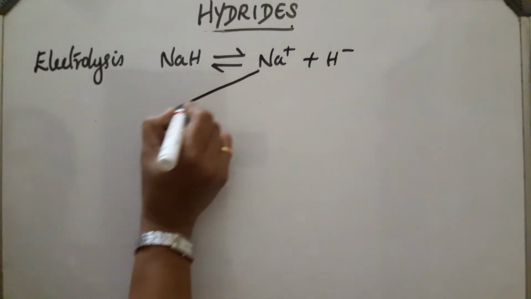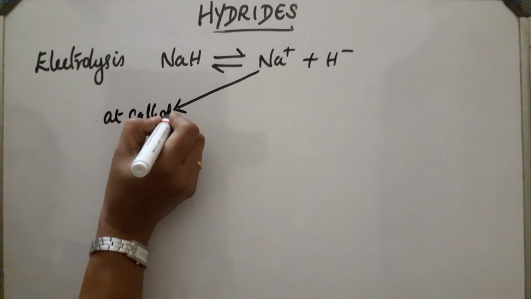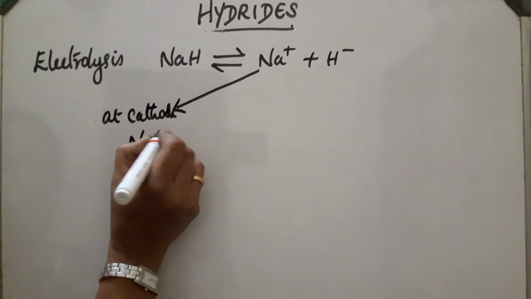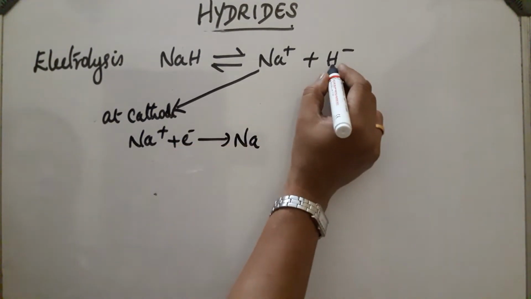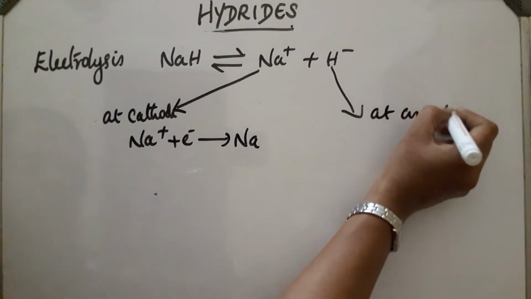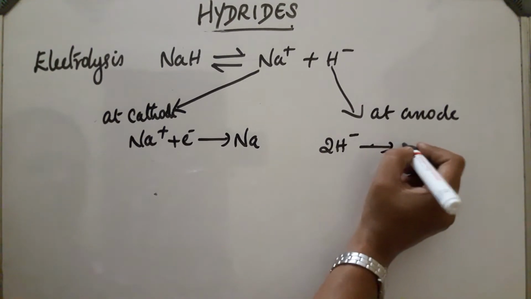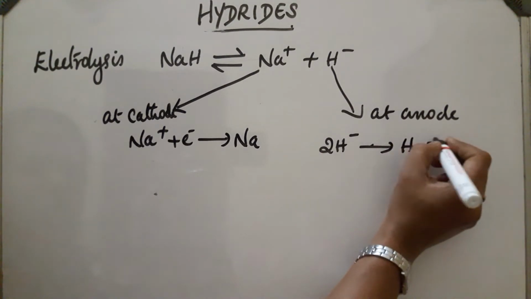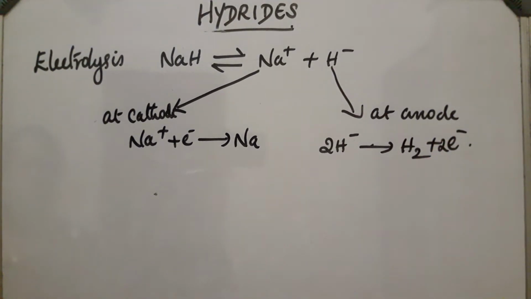Na plus at the cathode accepts an electron and forms sodium metal, and at the anode, hydrogen liberates an electron and forms H2 gas. So, H2 gas is liberated at the anode.